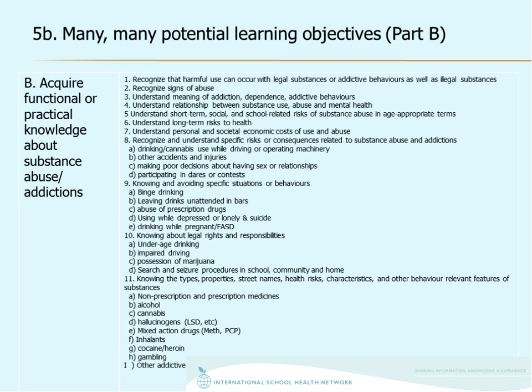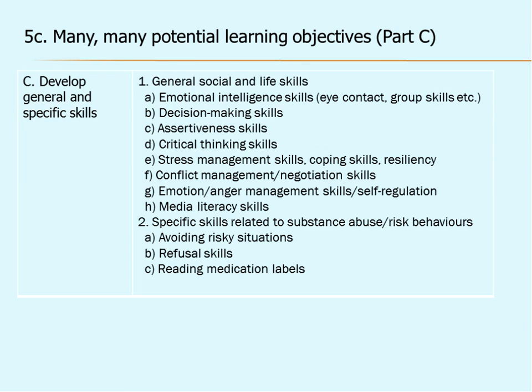If you go through, for example, this area of practical or functional knowledge, context specific, and as Dan has noted, helping people work through those different contexts in which they're going to encounter substances, you can see how quickly the number of topics multiplies. This is a knowledge section, but just providing that much practical knowledge becomes challenging as you start to add up the various potential learning objectives, and each of these objectives eats up curriculum time.